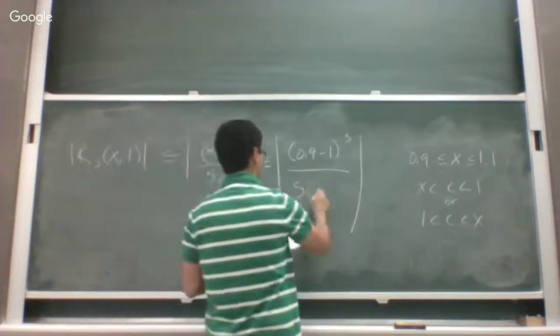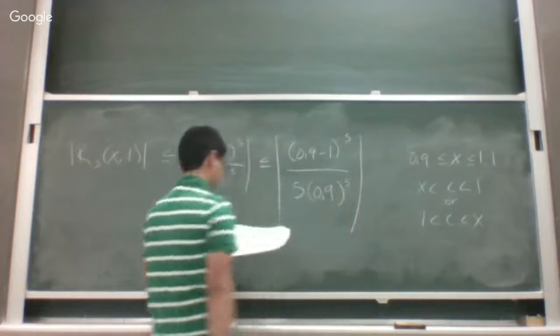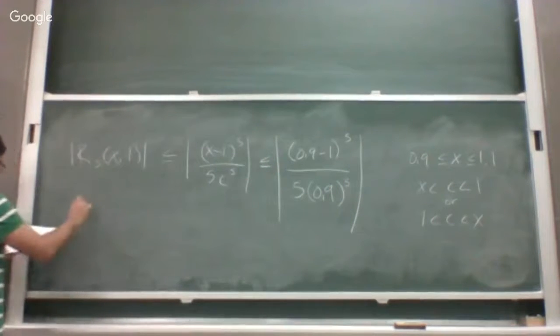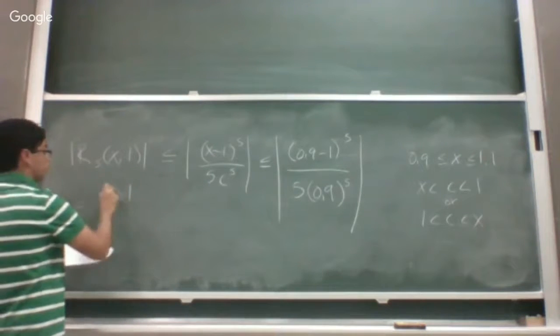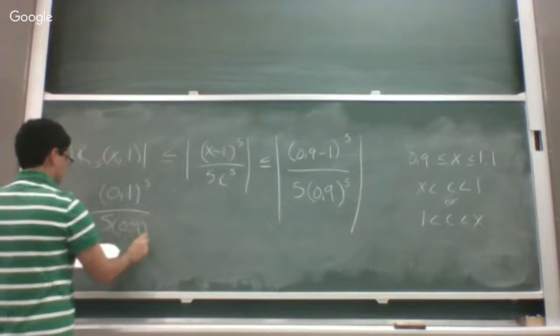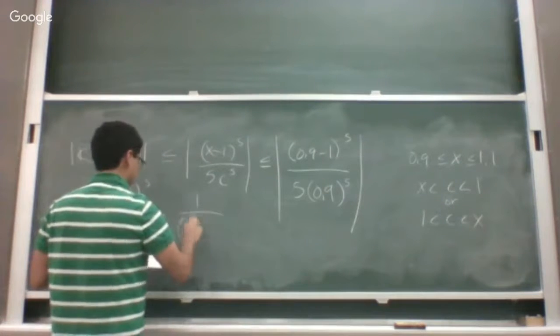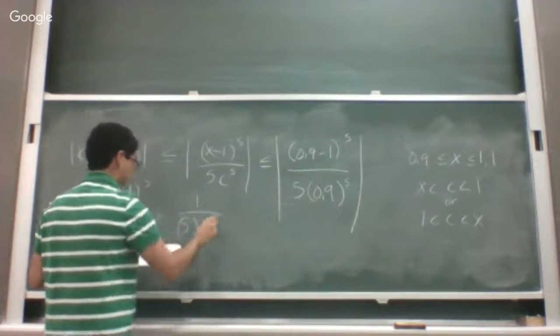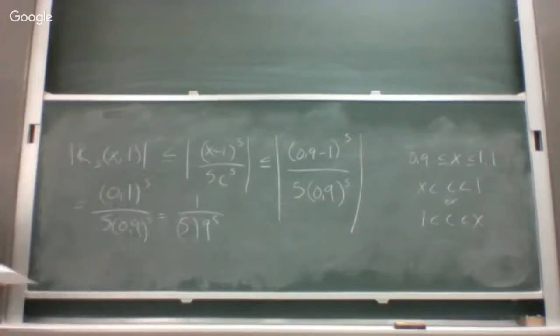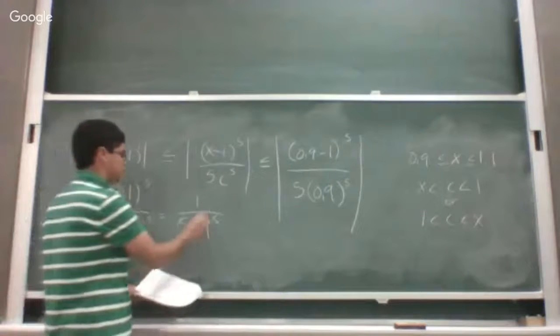So we use 0.9 to the 5th. That's equal to 0.1 to the 5th divided by 5 times 0.9 to the 5th, which is equal to 1 over 5 times 9 to the 5th. And we can leave our answer right here.